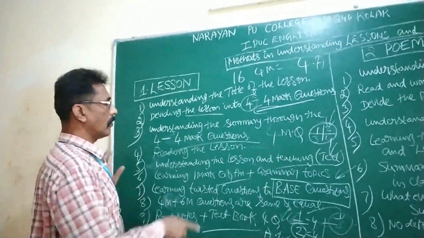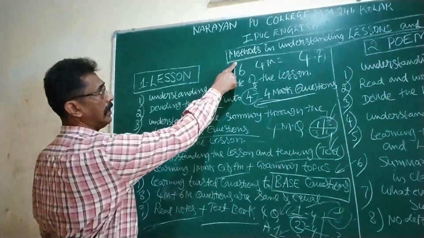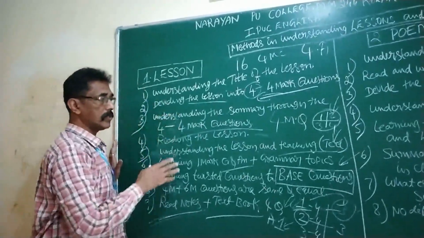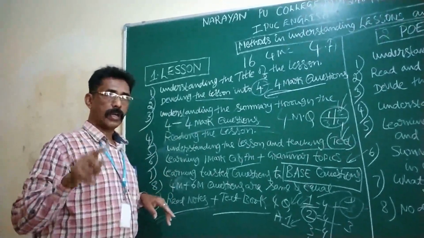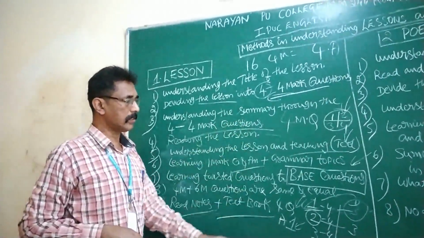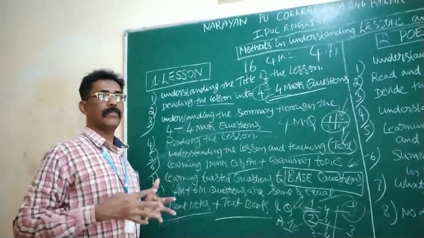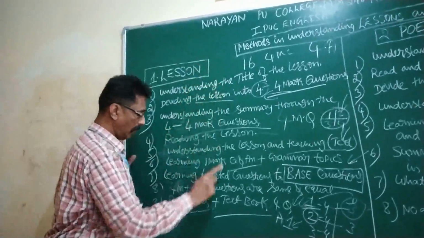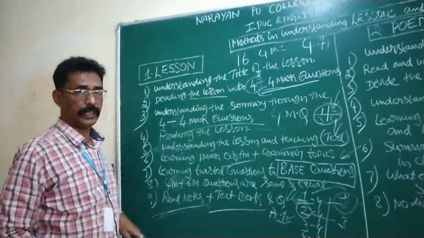Open your notebook. First of all, write the methods of understanding lessons and poems. Note down 9 rules. Once you come to college, we will check your notes. I will verify whether you have copied these contents or not. Please, my dear students, let's note down all these 9 points.